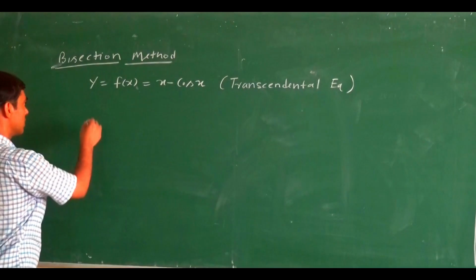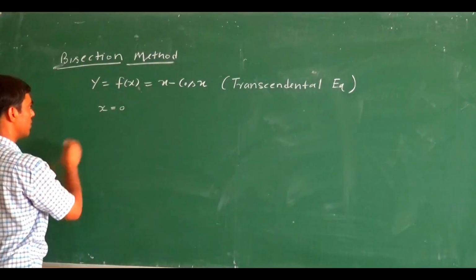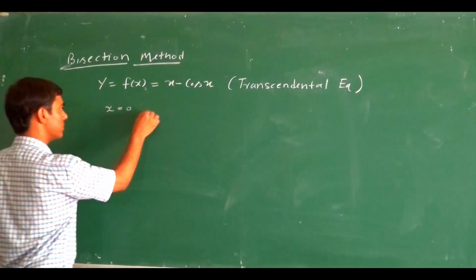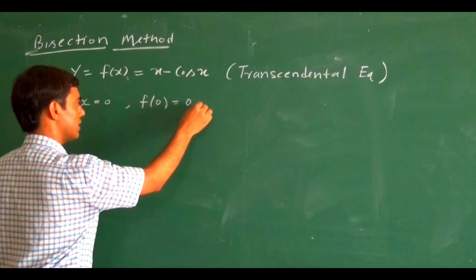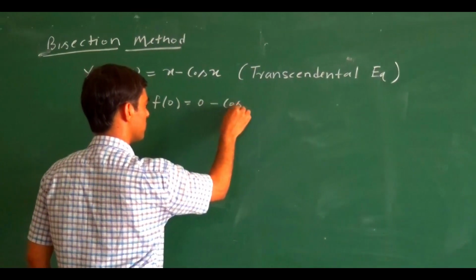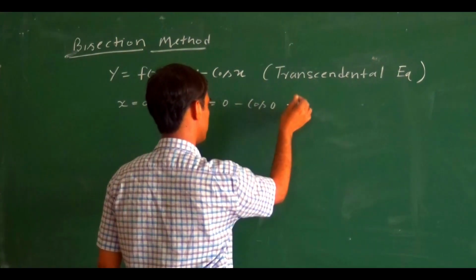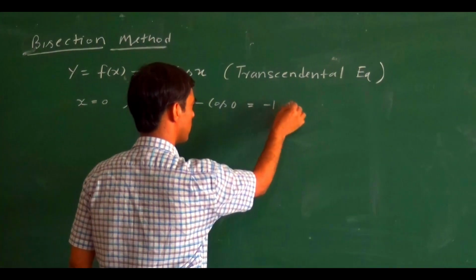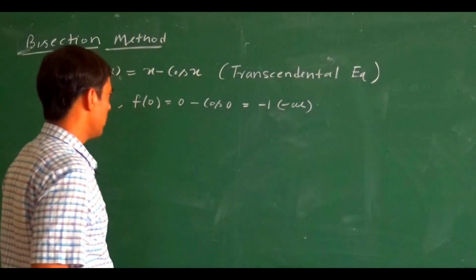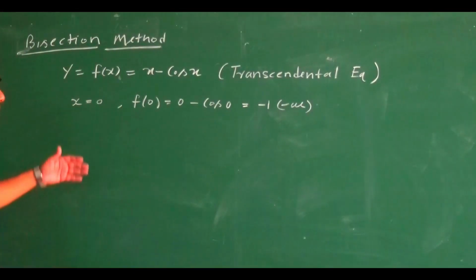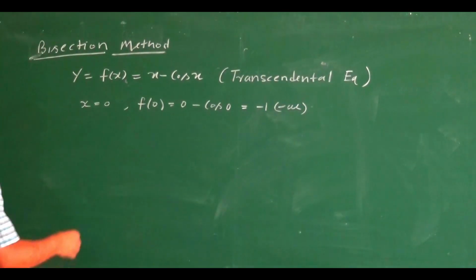So suppose x equal to 0. Then what is the value of f of 0? f of 0 equals 0 minus cos 0, and obviously we know that the value of cos 0 is 1, so this is minus 1, a negative sign. Now our next aim is to find such a value where the function is positive.